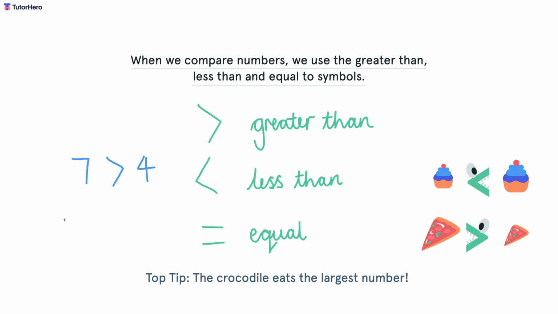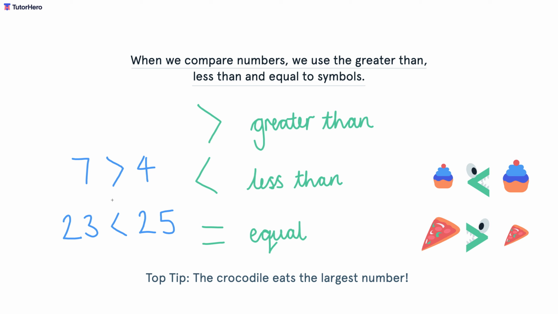Let's take the numbers 23 and 25. 23 is less than 25, so we need to use the less than symbol. 23 is less than 25. The crocodile's mouth is always open at the largest number.